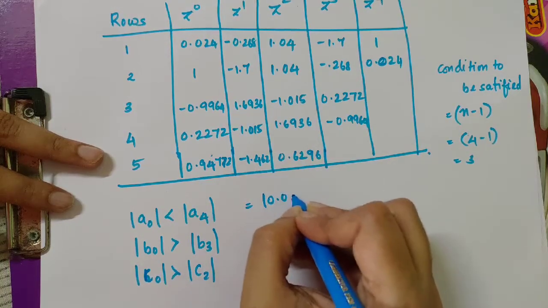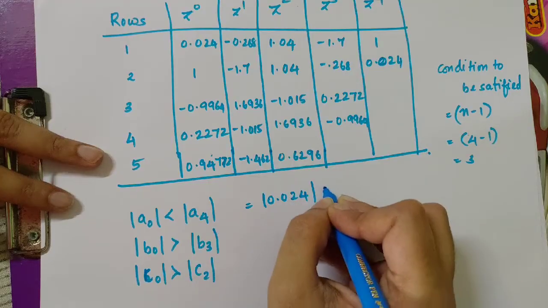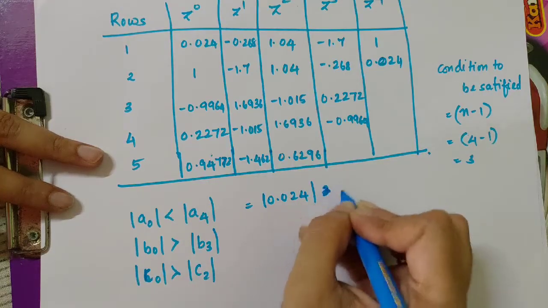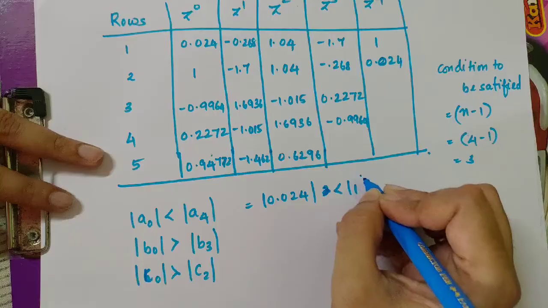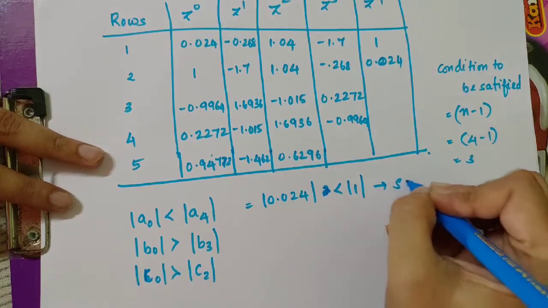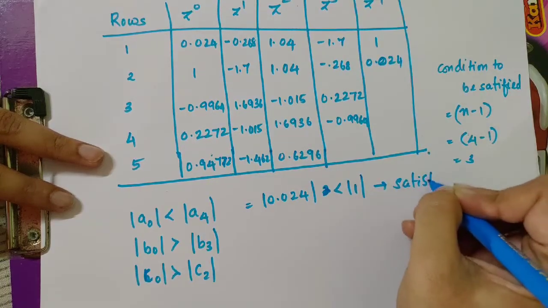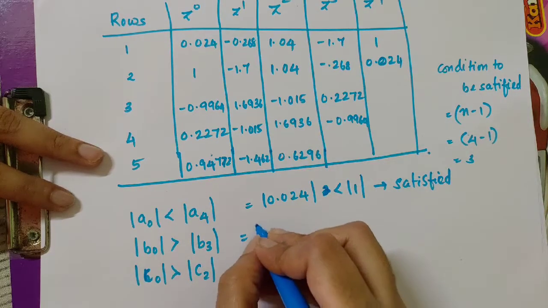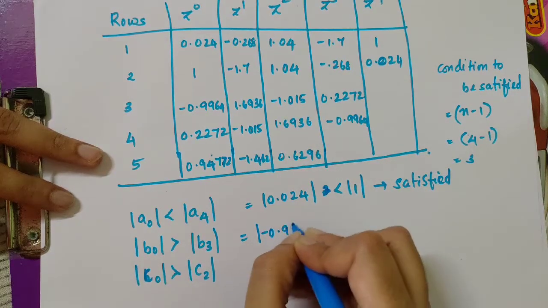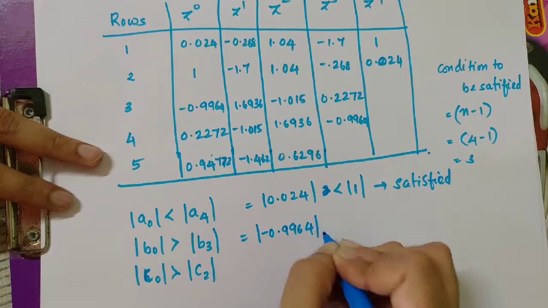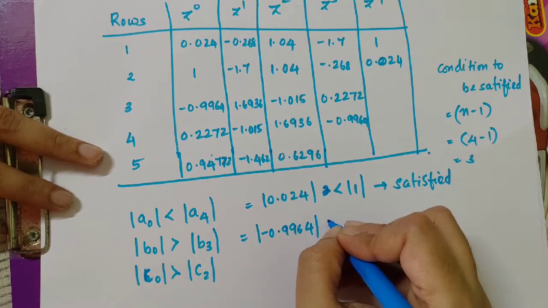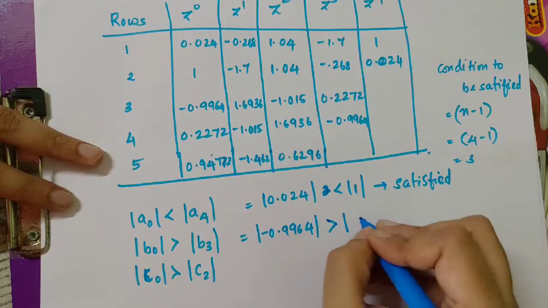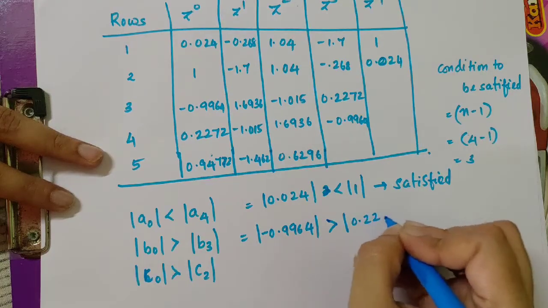Mod 0.024 is less than mod 1, satisfied. Second one, mod minus 0.9964 should be greater than mod 0.2272.